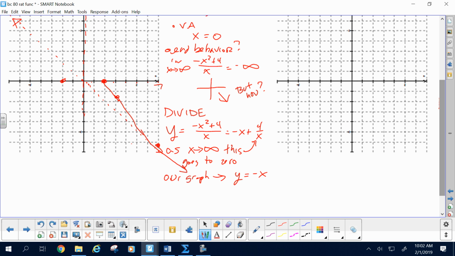Now, we could do a sign test for sure, and I could verify that it's negative out here. What about from 0 to 2? Sign test-wise, let's look at this guy, 2 plus x, 2 minus x over x. If I put in 1, so I know what's going on in this interval, I get positive, positive, positive.